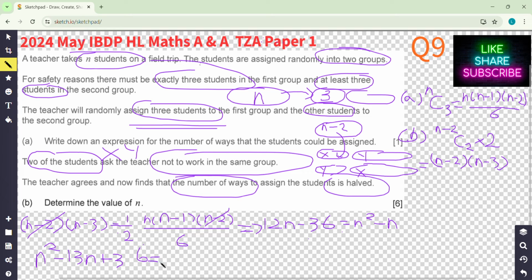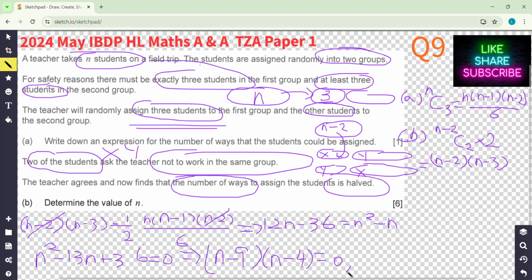Cross method again, basic skill. So 36 can be 9 times 4, right? And 9 plus 4 is 13. Excellent. So minus 9, minus 4, okay? And then you have to decide which one to choose.